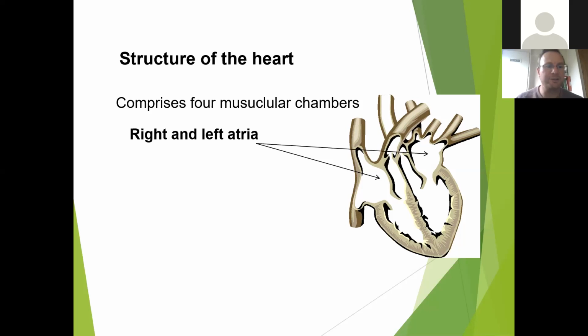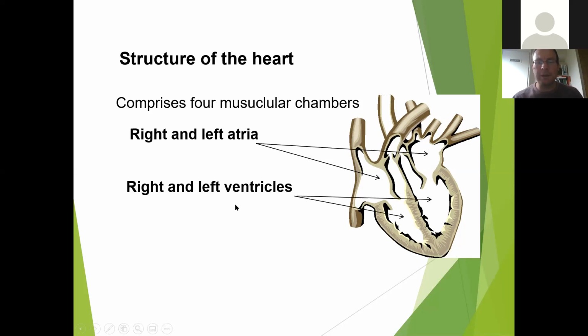Sorry, oxygenated, no. So the left atrium has oxygenated blood returning from the lungs, doesn't it? The left ventricle has oxygenated, and the right atrium has deoxygenated from the body. Okay, so just have a quick look at that picture, try and get that clear in your head. And there we've got our left and right ventricles. So right, deoxygenated.